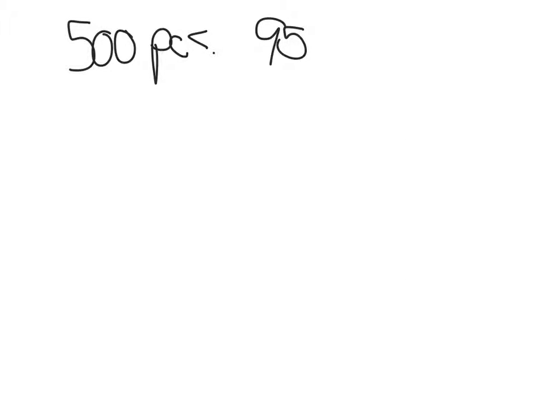Okay. So, what if I have 500 packages and I'm sending them through express mail? And I believe I have 95% confidence. I have a 95% confidence level that packages will get there on time. Alright?